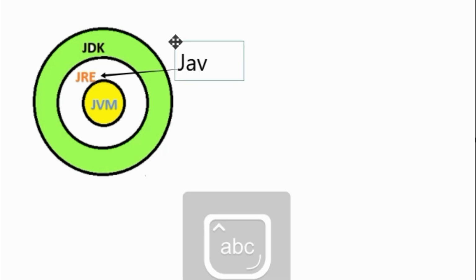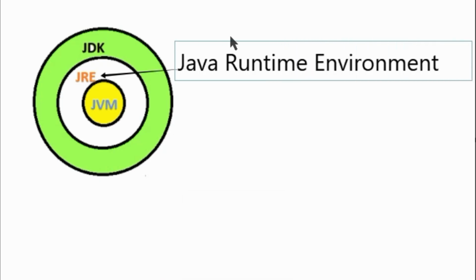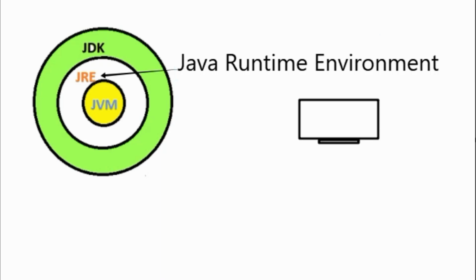Next is JRE, Java Runtime Environment. This is for running Java programs, not writing them, just running. If you want to play a Java game on your computer, you have to install JRE, not JDK. First, inside JRE, you have two things.